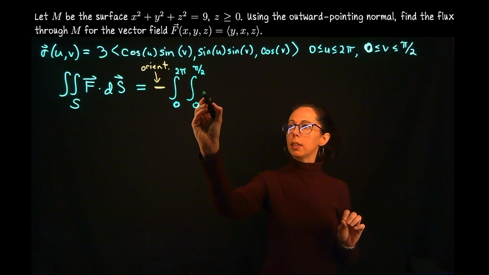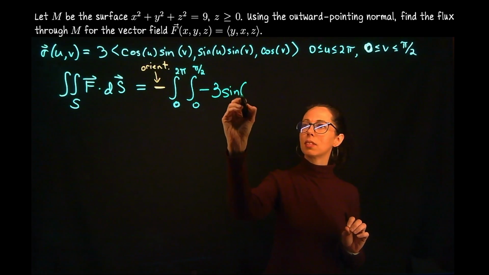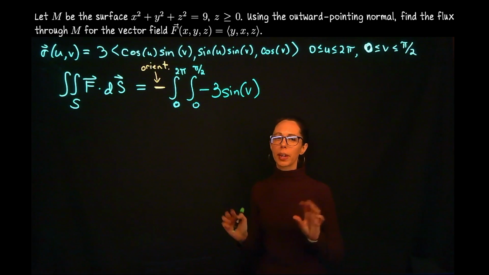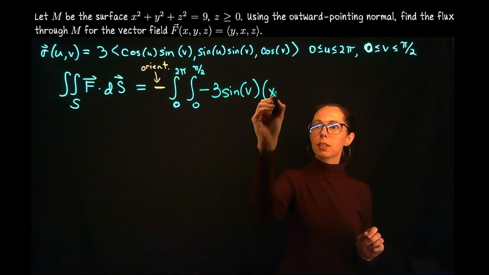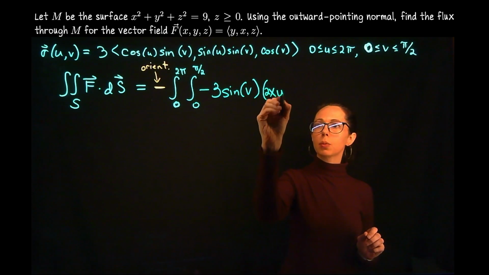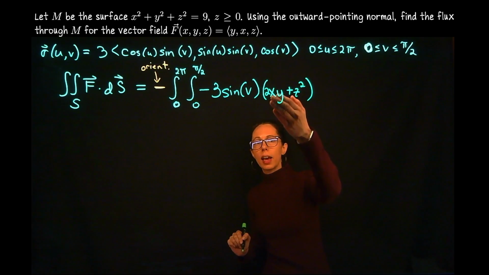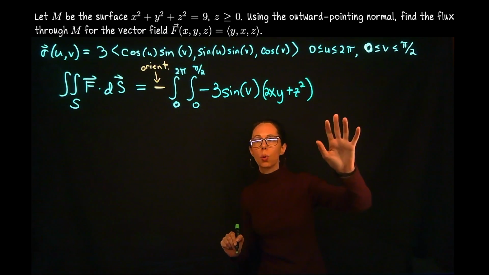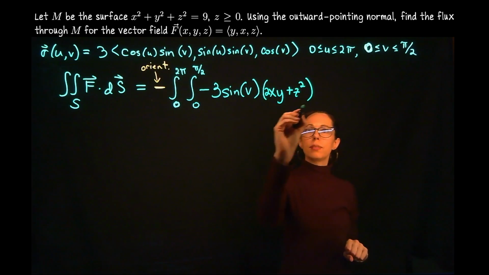So that's going to be negative 3 sine of v. And then bringing back in the x, y, and z coordinates, we had written it as 2xy plus z squared, where again x, y, and z here are placeholders for this parametrization. And then we will do dv, du.